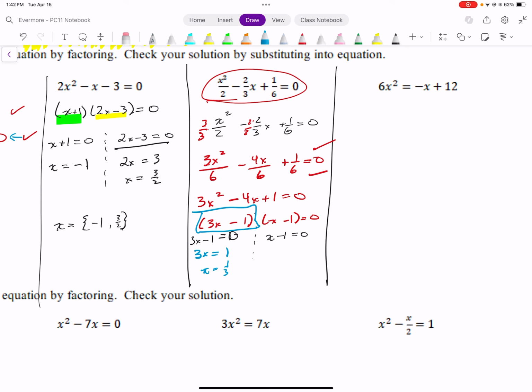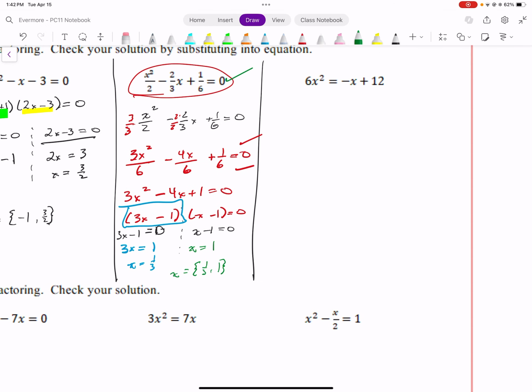The second factor is equal to 0 if I add 1 to both sides. So my solution is going to be 1/3, 1. So I used the zero product property. One side was equal to 0. Fortunately, I had fractions, but I can be creative and get rid of them. That's the lesson here.